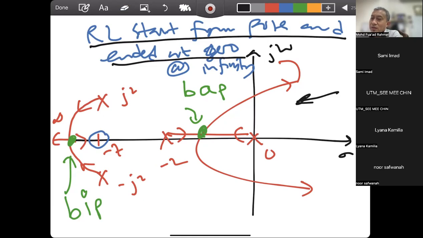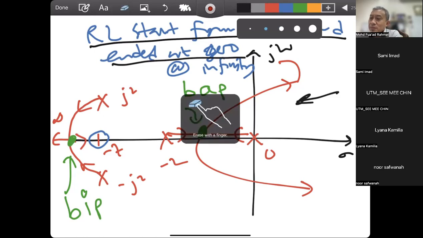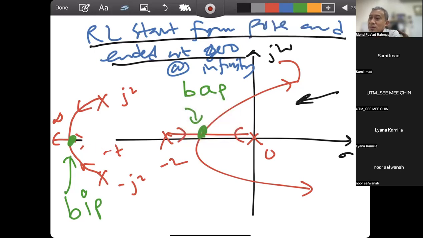Previously there were no zeros here, so the plotting goes up and goes down. Suddenly you add a zero here. So the two complex conjugate poles are now on high alert because they have a friend there, the zero.